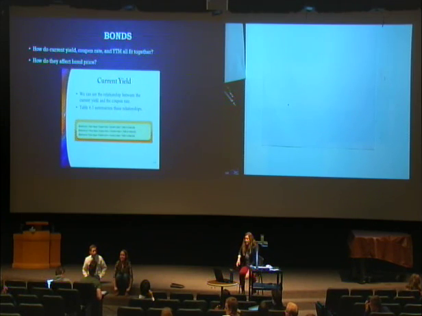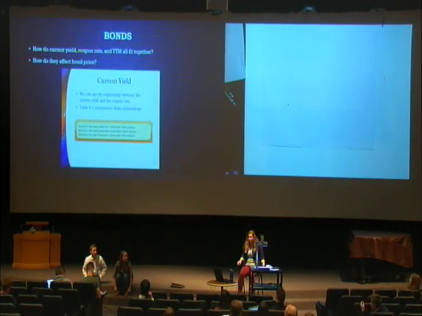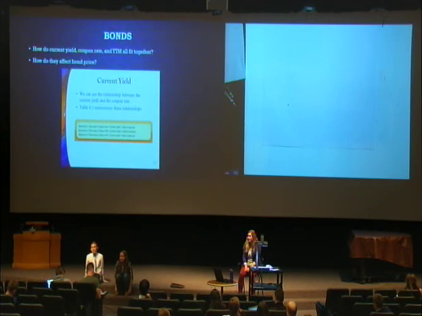So the equation for current yield, which I thought I wrote down, but I didn't. It's the coupon payment divided by the current price of the bond.